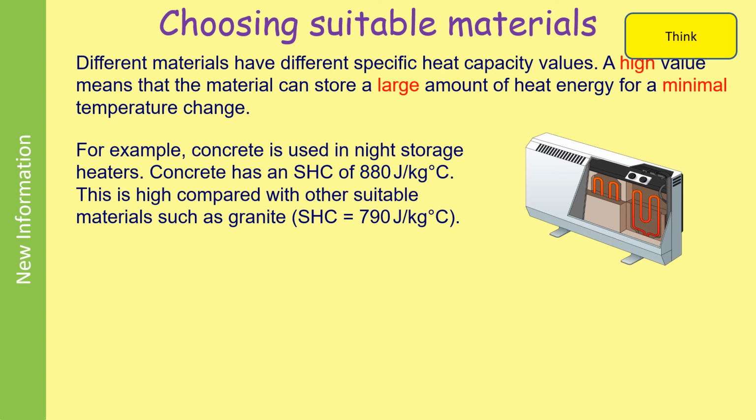During the night, when electricity is cheap, electricity is used to heat those lumps of concrete and store that energy. However, the temperature of the concrete doesn't rise a great deal because it has a high specific heat capacity. During the day then, when the energy is needed, the energy stored in those concrete blocks can be released back to your room to warm it.